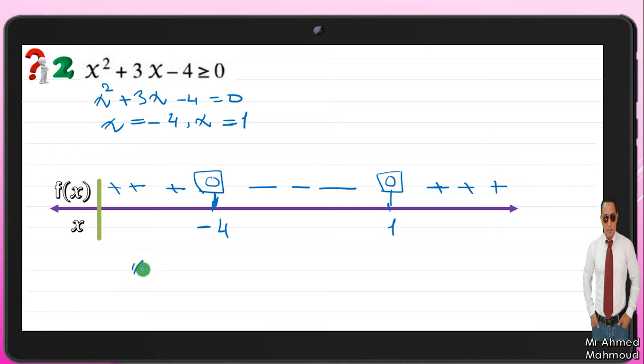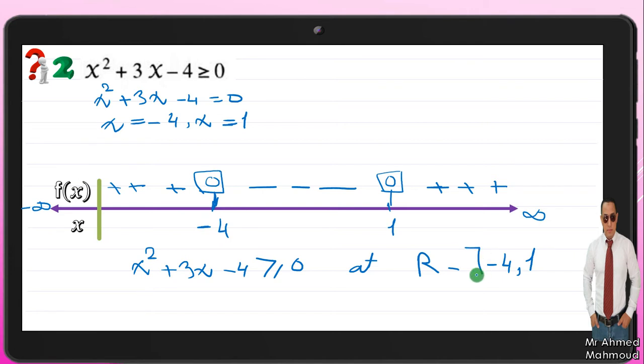So x power of 2 plus 3x minus 4 is greater than or equal 0 at, from negative infinity to negative 4 closed, because I need the value which makes the function equal 0, and from 1 closed to infinity opened, or R minus negative 4 and 1, but here I'm going to make it opened.